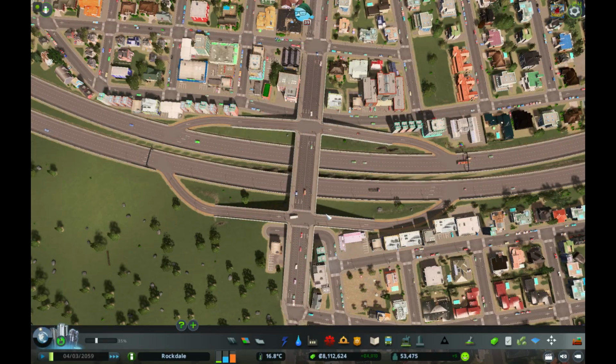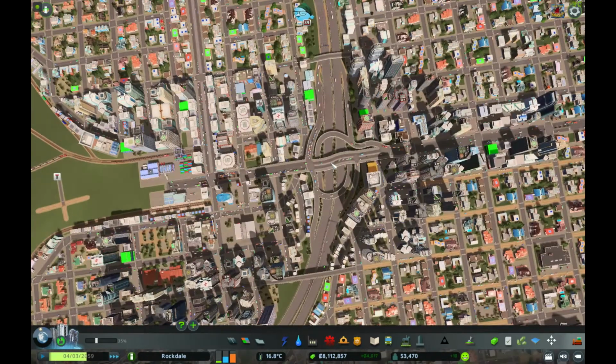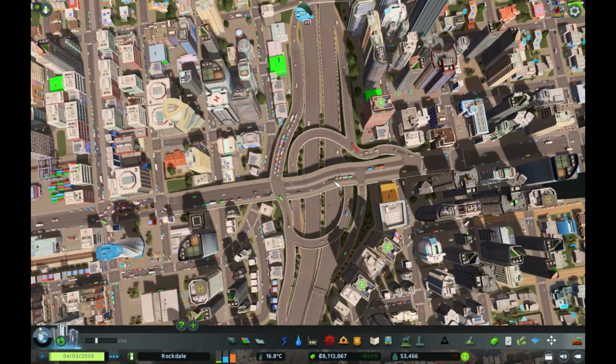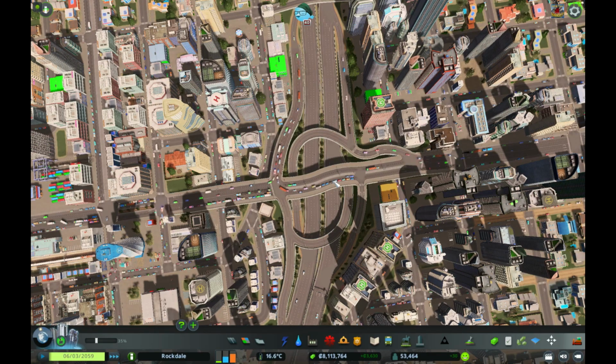Because there was a lot of traffic wanting to access the highway. It is a longer light, but look at the volume that pushes through here.